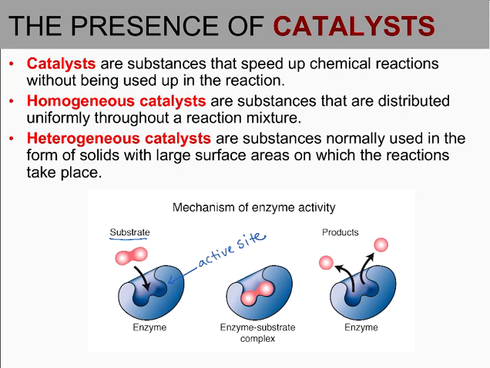And then the enzyme can just kind of hold that reactant in place and help it react faster. And this can occur in a lot of different ways. But at the end, the enzyme will release the products, and then the enzyme can be used for another reaction. So again, the enzyme isn't used up during the reaction.